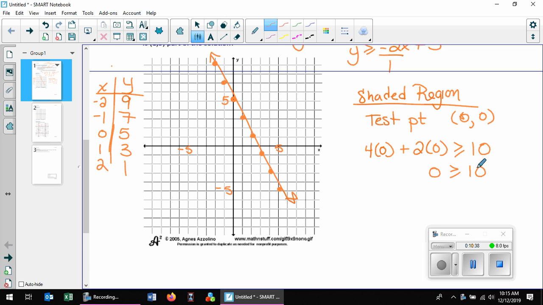Is that a true statement? No, that is false. So here's the deal. 0, 0 is right here. And if that is false, we shade only where it's true. So if it's false on the left-hand side, it must be true on the right-hand side. So we would shade.